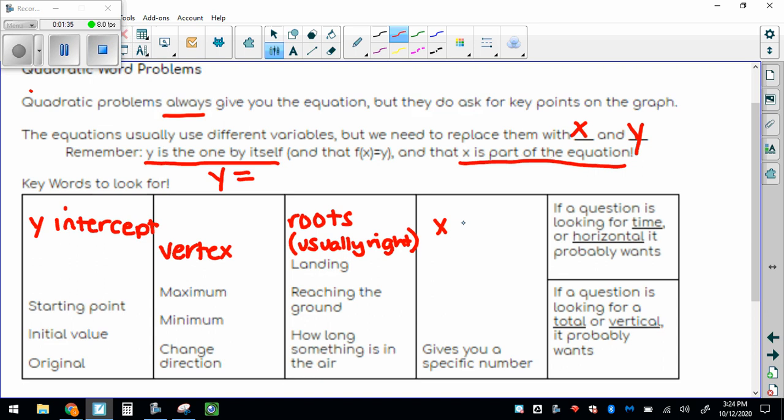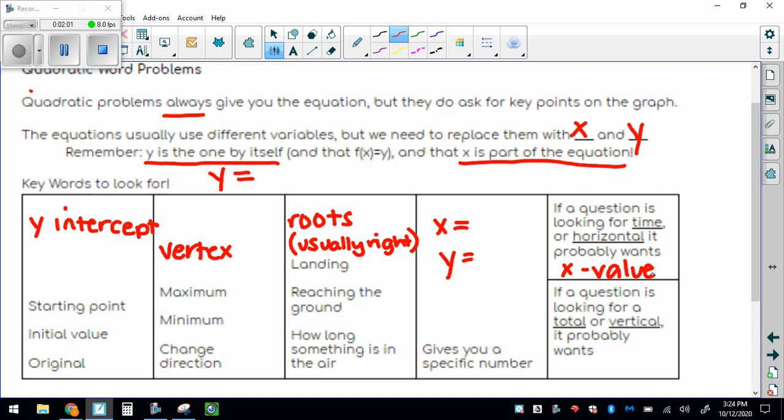And then the last one is either x equals or y equals if it gives you a specific number. So if the problem says 2 seconds or 10 minutes or something like that, it's going to be either x equals 10 or y equals 10, whatever that number is. All right, and then sometimes, since it's a word problem, sometimes it splits it up. Anything asking about time or horizontal movement probably only wants the x value.